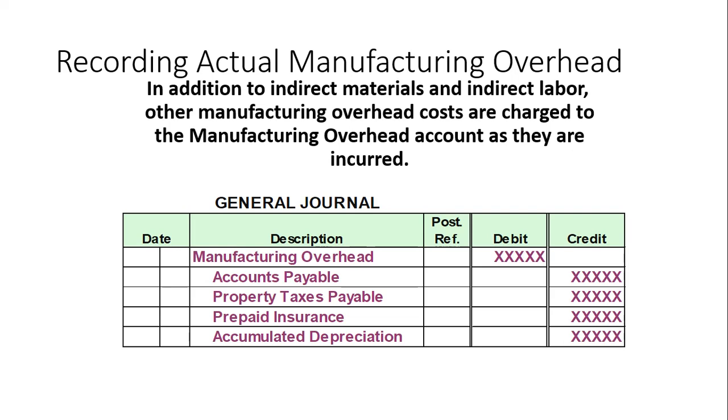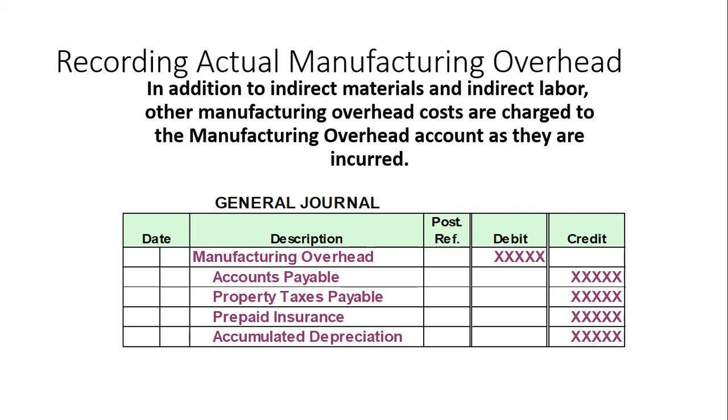Okay. For example, you need to pay tax in the factory, for example 5,000. So debit manufacturing overhead and credit property tax payable. Let's say you need to pay for the insurance of the factory, let's say 1,000 ringgit. So debit manufacturing overhead and credit prepaid insurance.